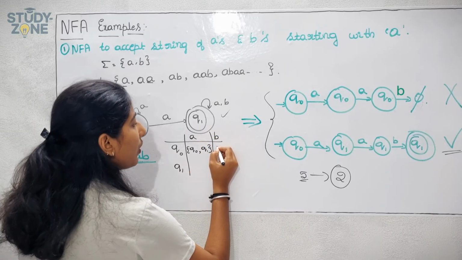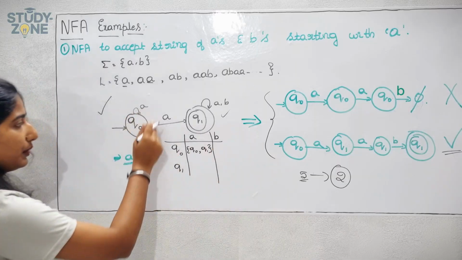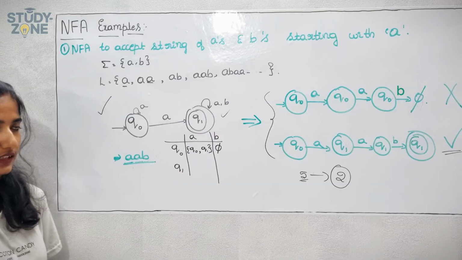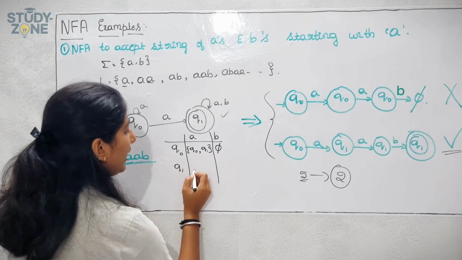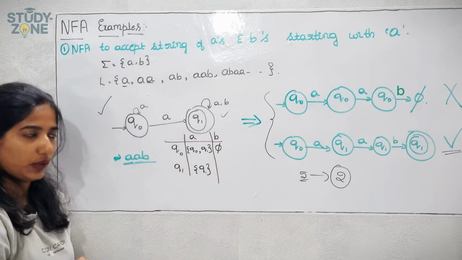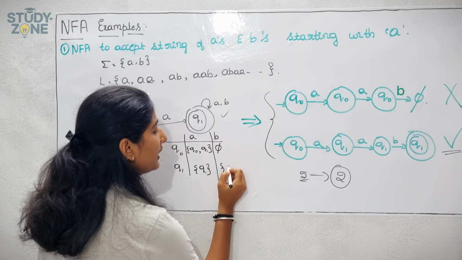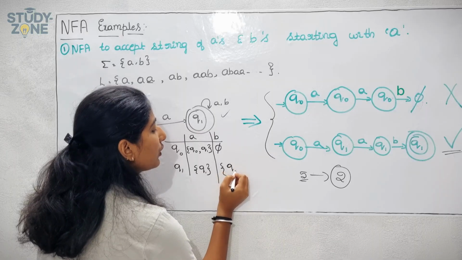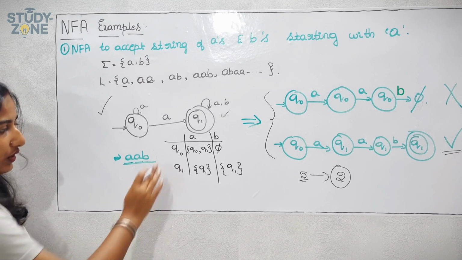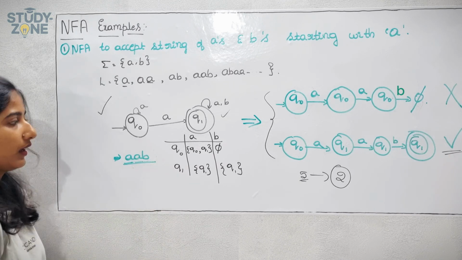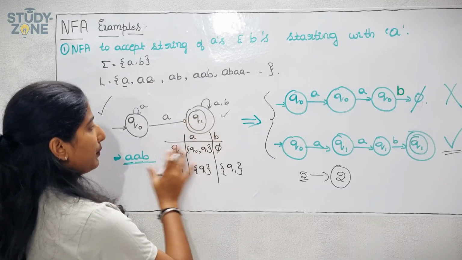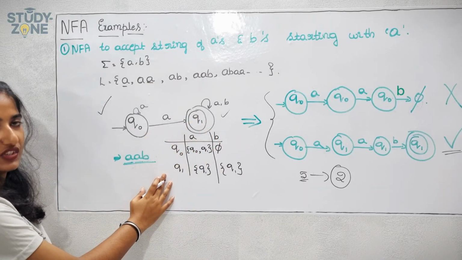Okay, and Q0 on B, it will not be moving to any state, so I have to represent it with the null set. Okay, and then Q1 on A, it will be staying in Q1 only, and Q1 on B, it will be staying in Q1 only. So this is how we represent the transition table in this NFA.